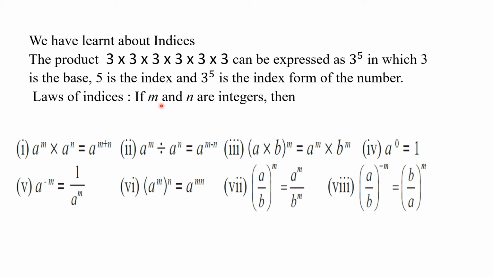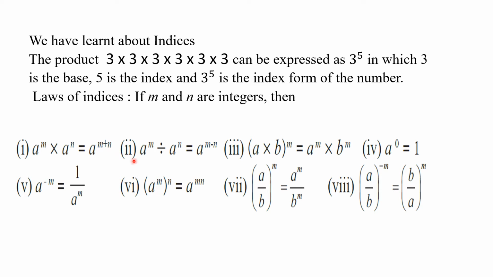If m and n are integers, then here we will understand the laws of indices. The first rule, a raised to power m into a raised to power n is equal to a raised to power m plus n.